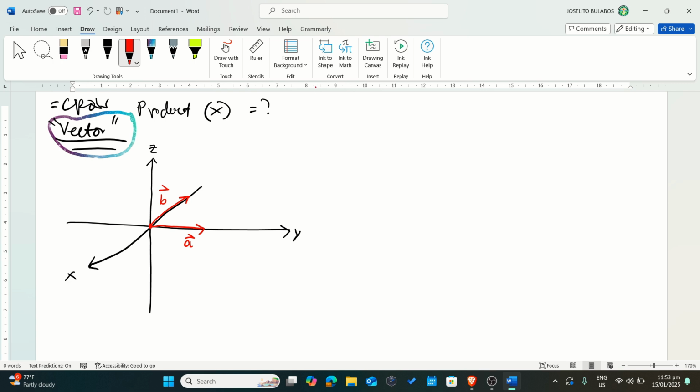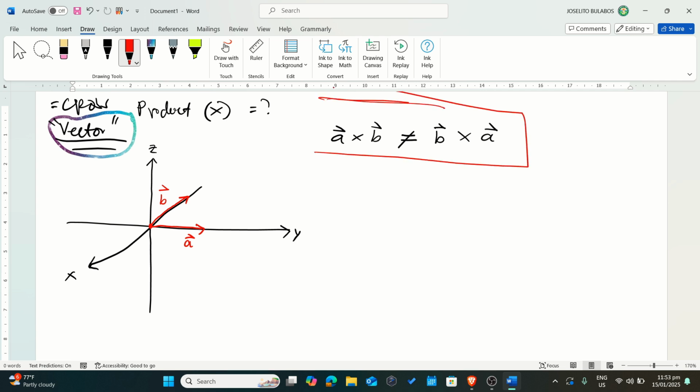Now, if we want to find the cross product of vector A cross vector B, remember that the cross product of this one is not equal to the cross product of this one because the direction will affect it, and thus the left and the right is not the same.